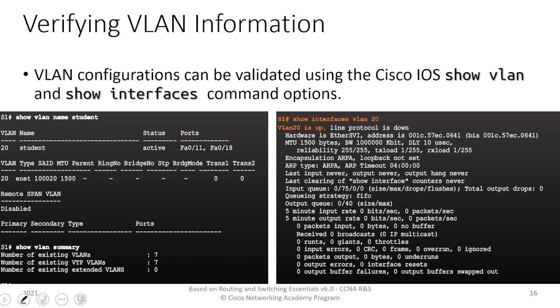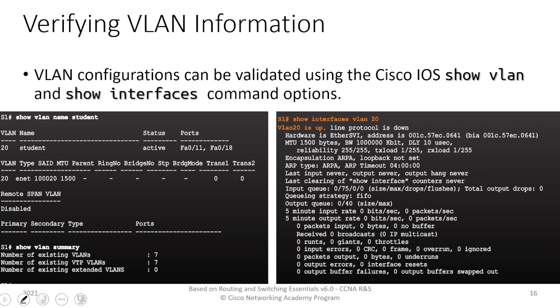And in terms of VLAN configurations, we can look at a number of things. If we go into each of the VLANs, we can verify the configuration of that specific VLAN. Say, for example, if we look at the student VLAN, we can look at the memberships, or the ports that are assigned to the student VLAN.